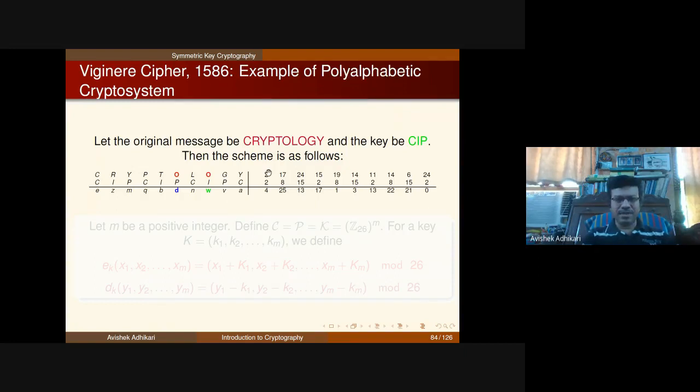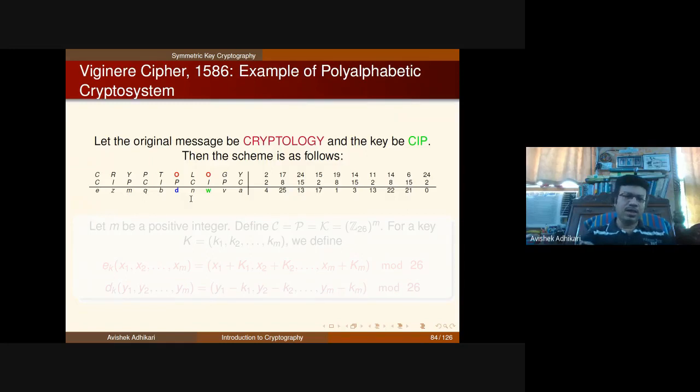As a result, you cannot use the frequency analysis that I mentioned in the case of substitution cipher. You can use statistical frequency analysis for attacking that kind of scheme, but here you cannot attack using frequency analysis because one alphabet may change to another alphabet due to the use of different keys.